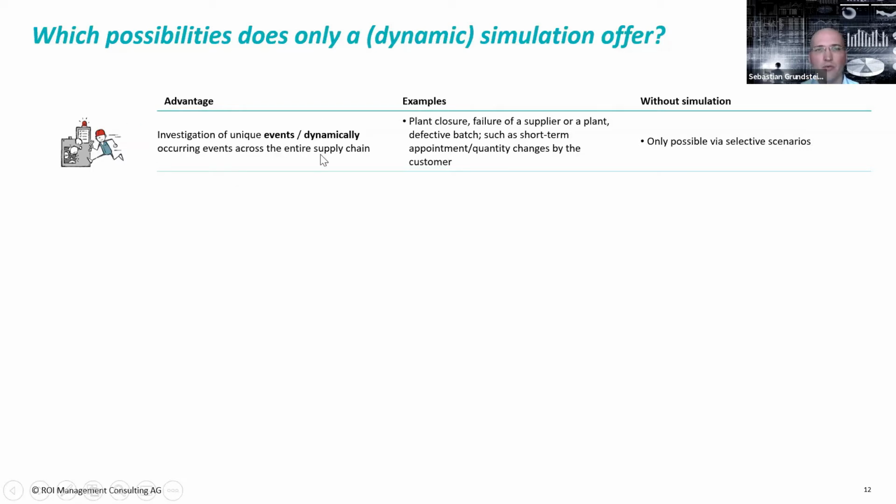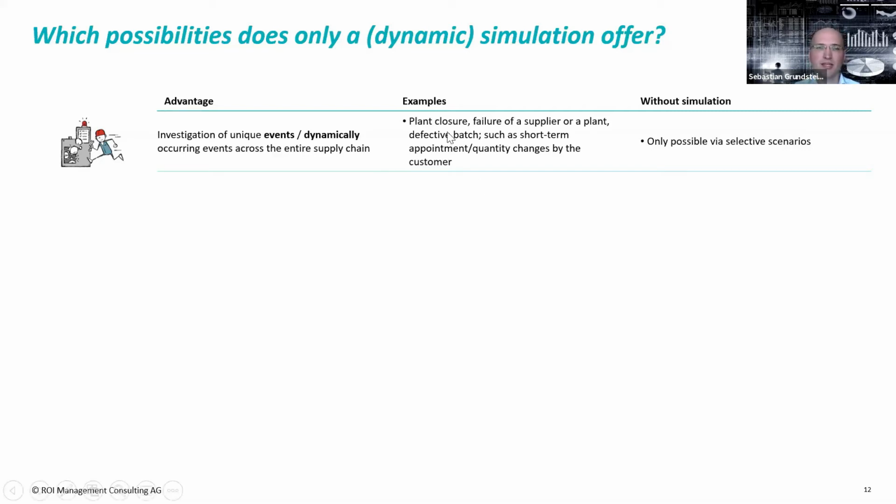On the first part, I can investigate unique events or dynamically occurring events and examine the effect over the whole supply chain. For example, what I can model is a plant closure. I can model a failure of a supplier or a plant going down, defective batches, and changing dates or changing quantities delivered by my suppliers.